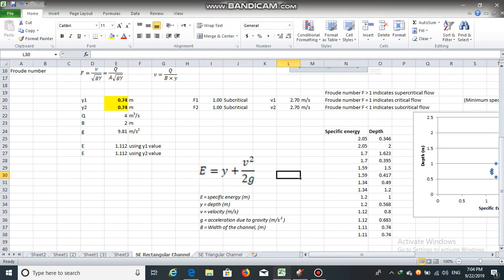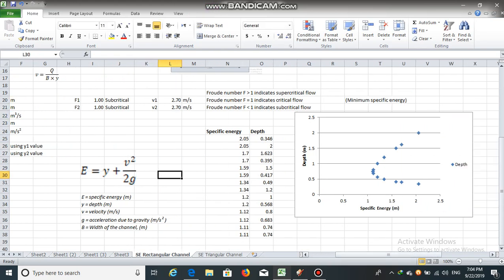As you can see, a point will come where the depths will converge, a single depth, 0.74 for specific energy of 1.11. This is the critical depth. So specific energy will be minimum for this discharge at this point.